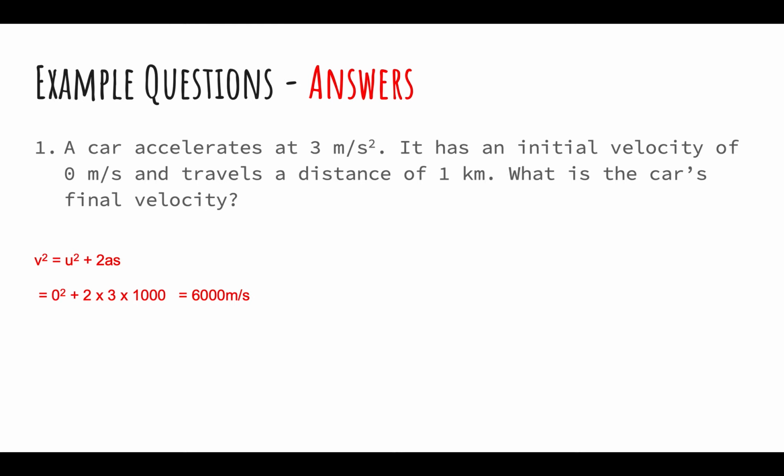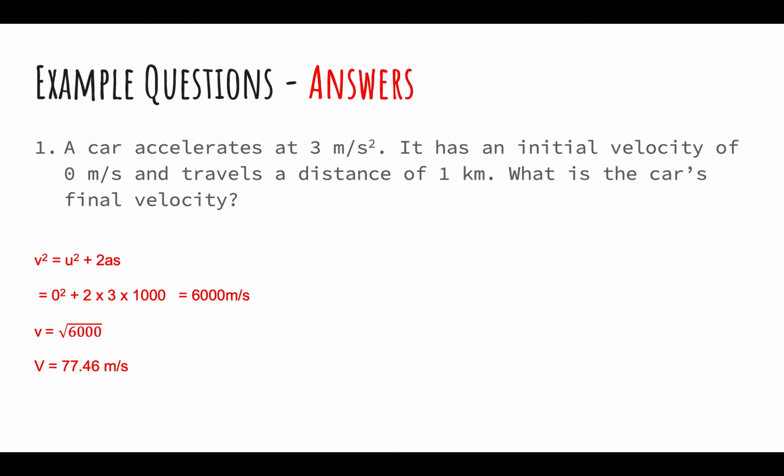Okay, so what we're going to do now, once again, is we have our v squared. So in order to find v, we need to square root both sides. Square root of v squared gives us v, and now we need the square root of 6,000. This one, we're going to have to type into our calculator. So if you type that into your calculator, then you end up with this answer here.